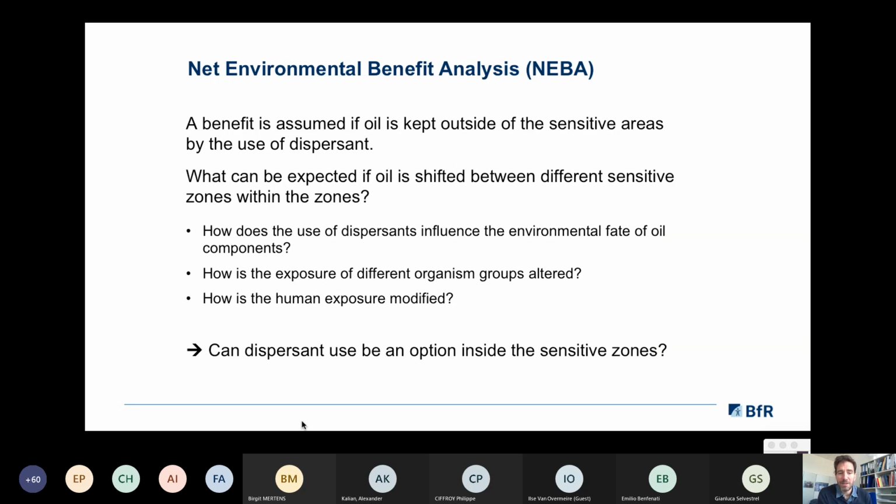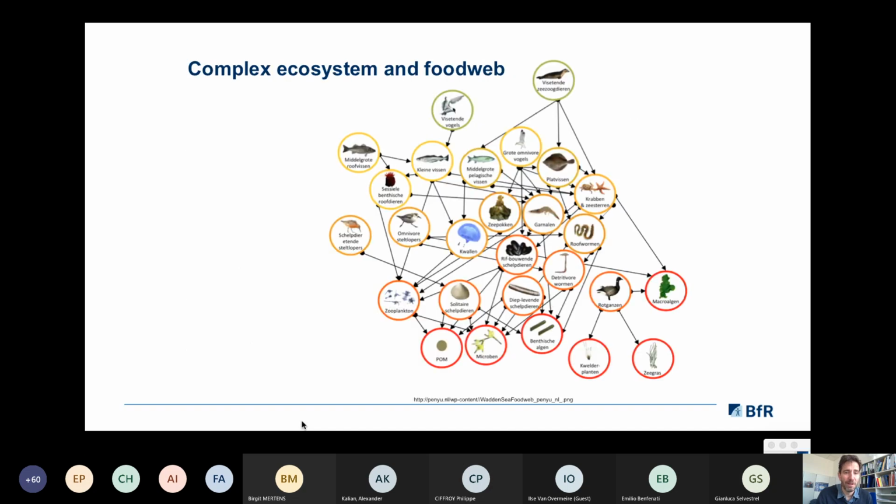So how does the dispersant use influence the environmental fate of the oil components? How is the exposure of different organism groups altered? And in the end, how is the human exposure modified? So the question we wanted to tackle is how dispersant use can also be an option inside of the sensitive zone, when we don't replace the oil, but just put it into some other compartments.